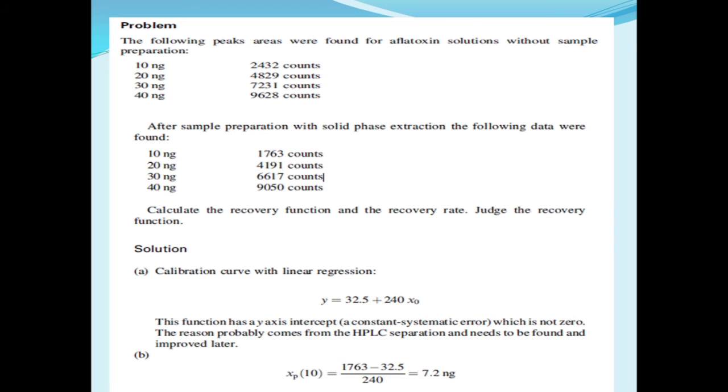The sample amounts are 10, 20, 30, 40 nanogram, and the peak areas are 2432 counts, 4829 counts, 7231 counts, and 9628 counts.